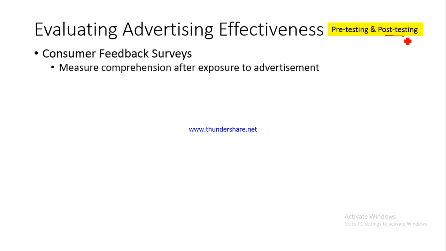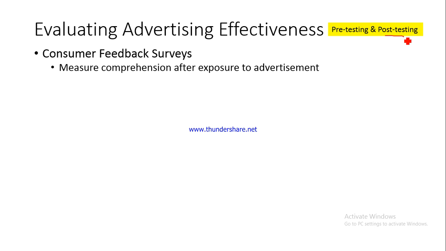So let us first understand some of the methods which can be used to assess the effectiveness of advertisement campaigns. Number 1 is consumer feedback surveys. I hope you understand. These are surveys wherein we talk to the customers and we get their feedback. We have discussed what surveys are. They are generally used in descriptive research, and in this particular case, this also is some kind of research wherein we are trying to assess whether our advertisement campaign has been effective or not.